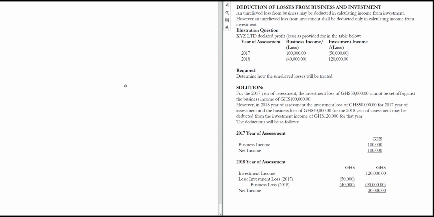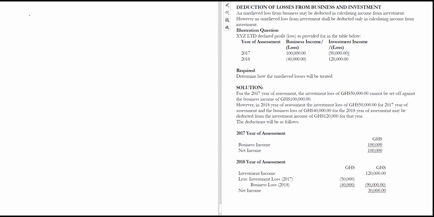So at the end of the day, let's just take a simple illustration. We have 2 years, 2017 and 2018. In 2017, there was a business income and an investment loss, right? And we know that investment loss cannot be charged against business income.